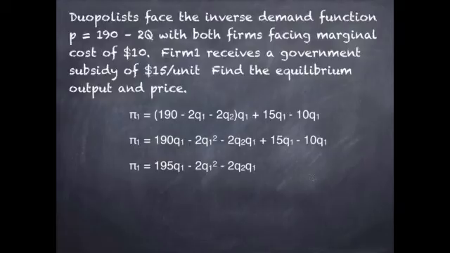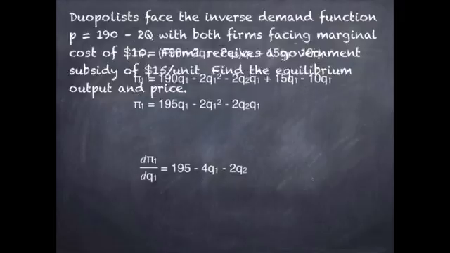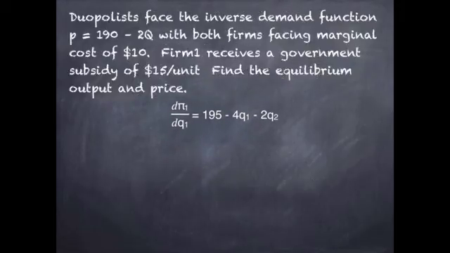In order for this firm to maximize profits, we're going to take the first derivative of profit with respect to Q1, and that gives us 195 minus 4Q sub 1 minus 2Q sub 2. We set the derivative of the profit function for firm 1 equal to 0 and solve for Q sub 1.